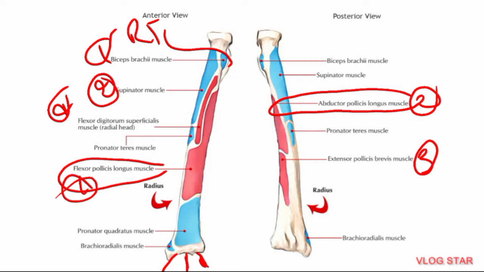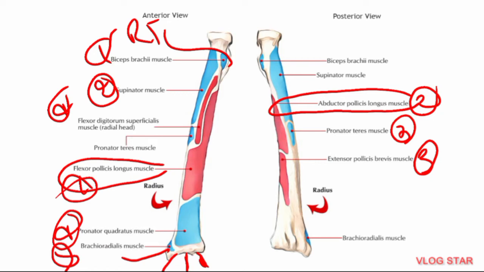Pronator teres is also an insertion. Third, pronator quadratus is also an insertion. Fourth, brachioradialis is also an insertion. Fifth, on the radial styloid process, is the brachialis muscle.